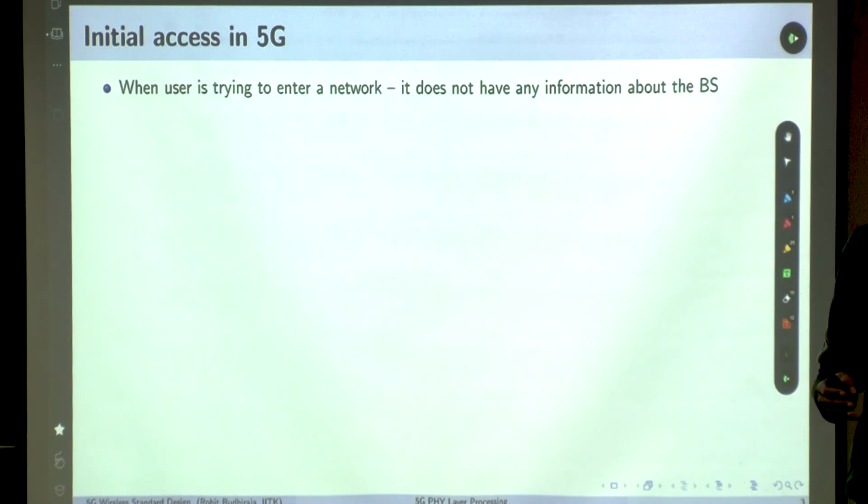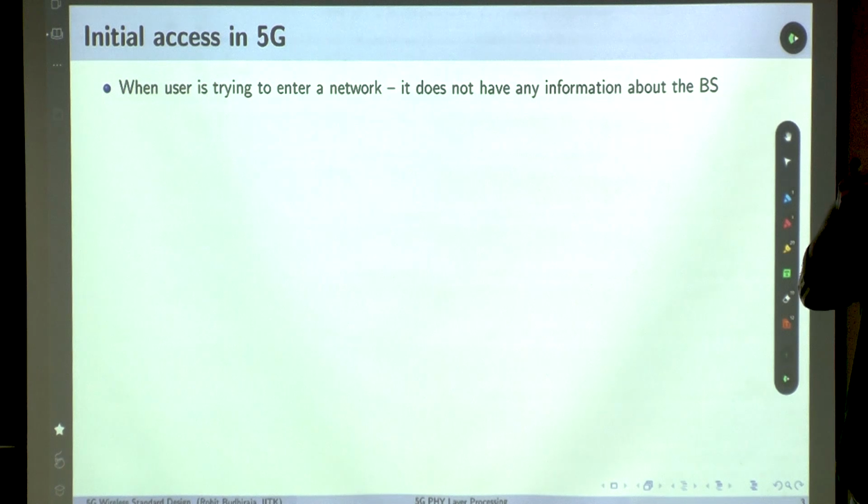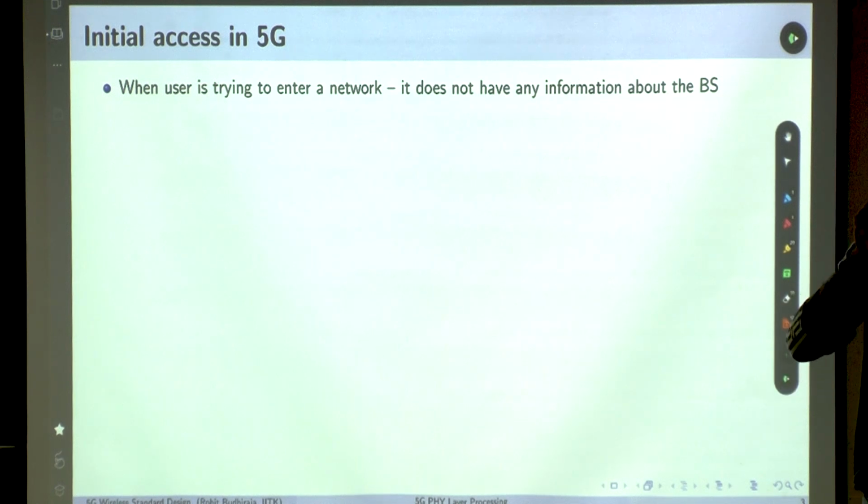Your mobile station does not have any notion of what a slot boundary is, what a frame boundary is. It will know that a slot is 0.5 millisecond because it is programmed, but it will not be synchronized to the base station, which will have its own definition of 0.5 millisecond.